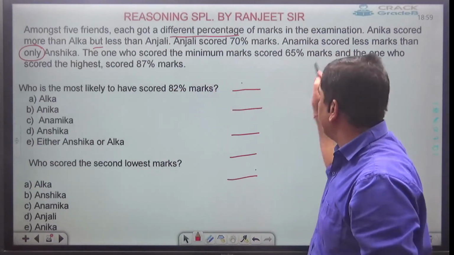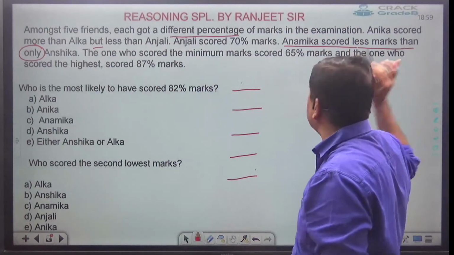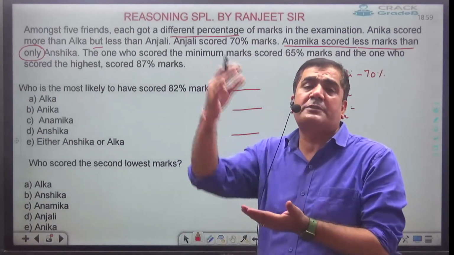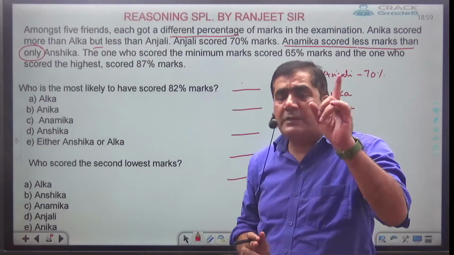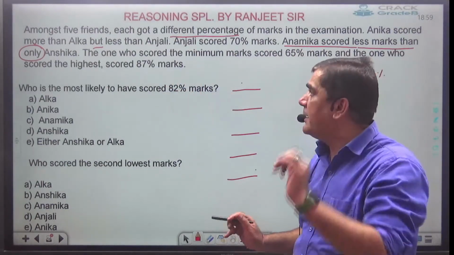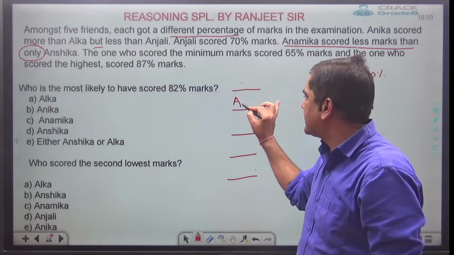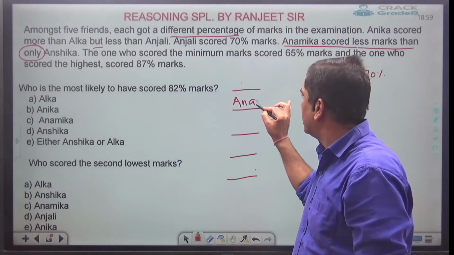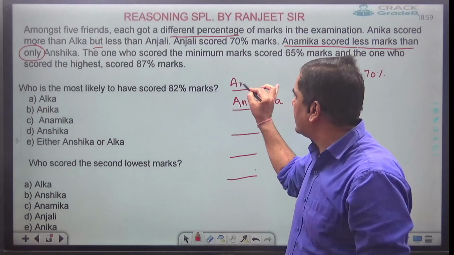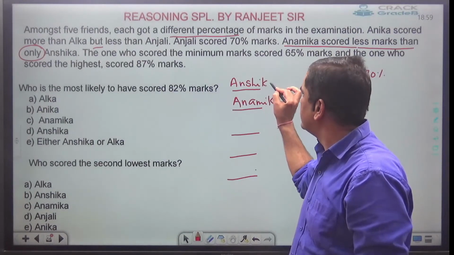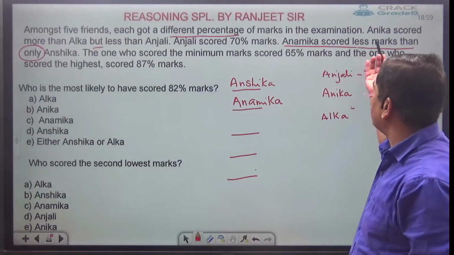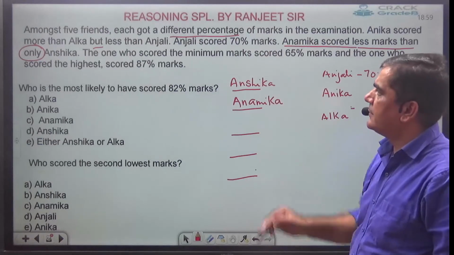Read the statement: Anamika scored less marks than only Anshika. Only means no other person can be above. Only one person is above Anamika and that is Anshika. It means Anamika will be at the second place and Anshika will be at the top. Clear?